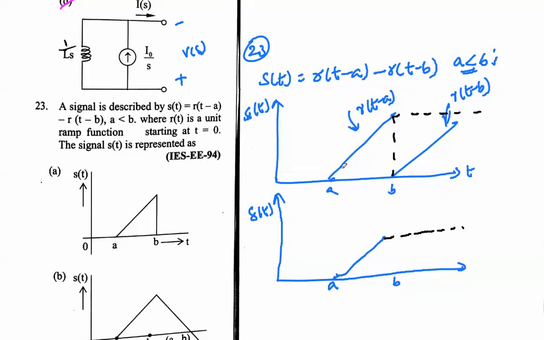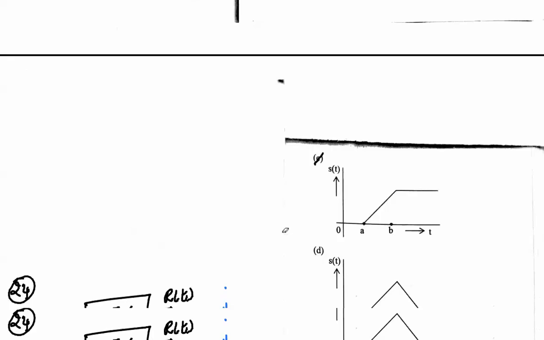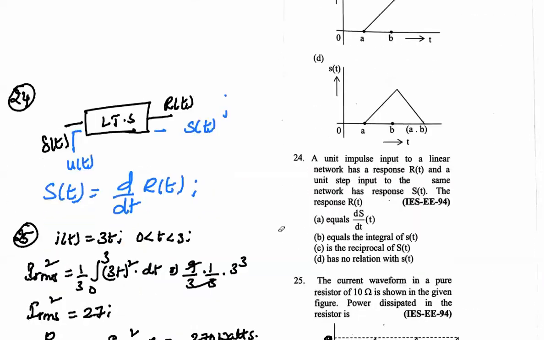R of t minus A is a ramp signal starting at this point, and R of t minus B starts at point B. When we subtract these, we get this wave shape as the signal represented. The answer is C here.